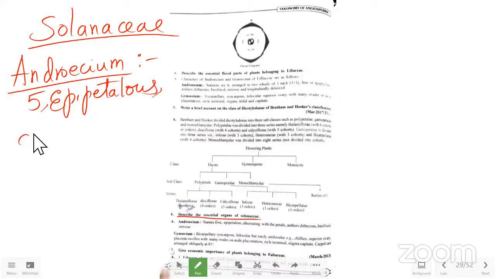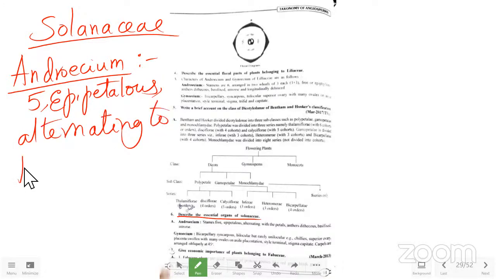And they are present alternating to the petals, otherwise alternate with the petals.